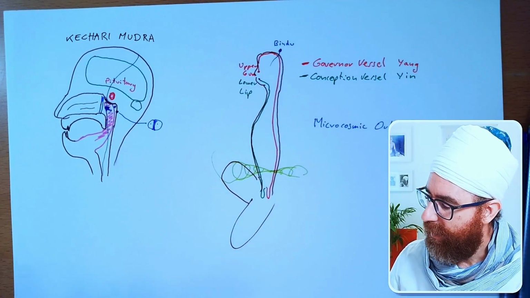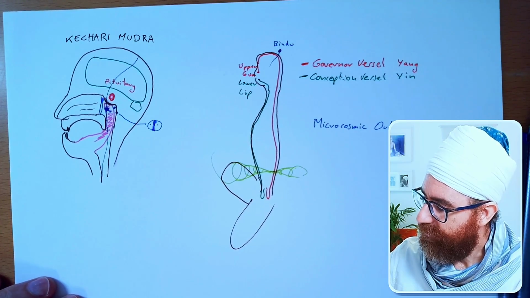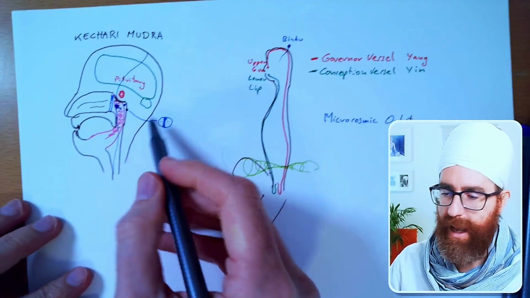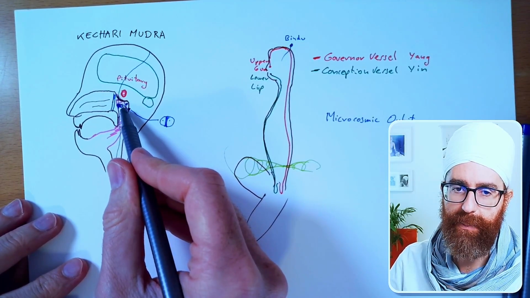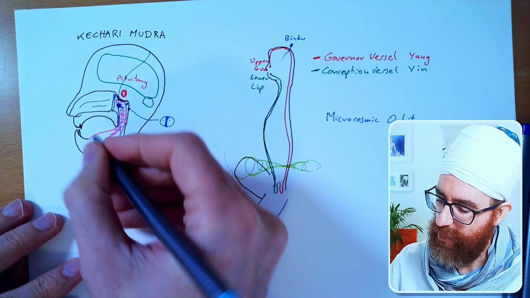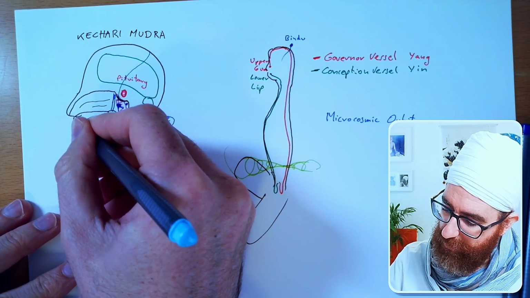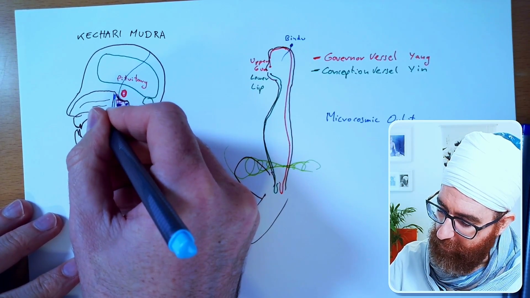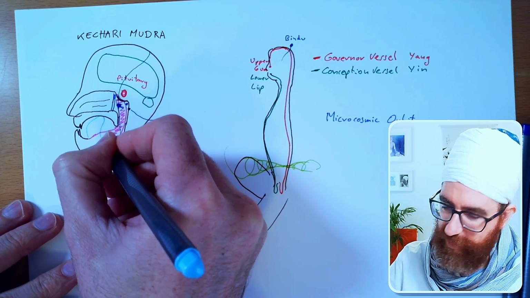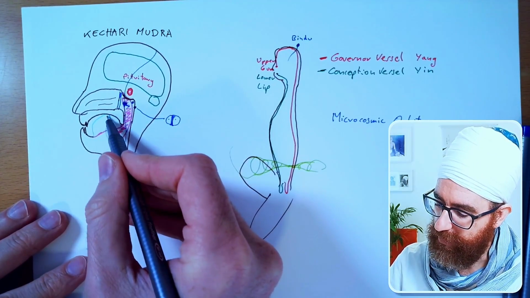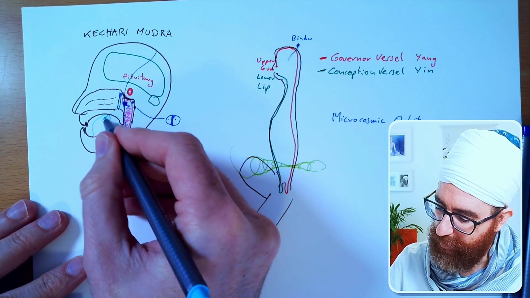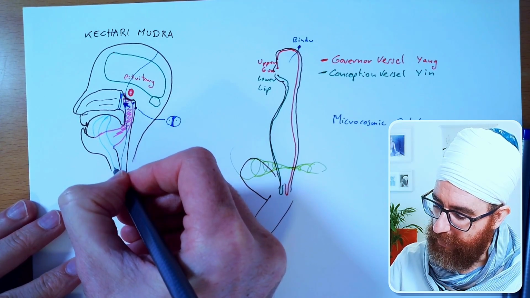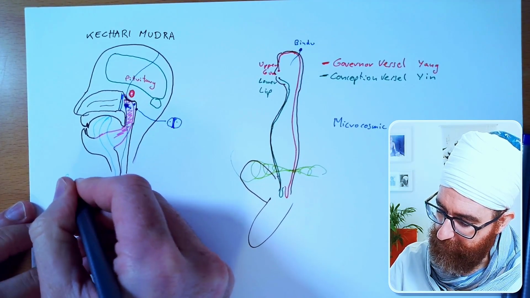Now, the tongue, we don't have to bring it all the way up through this passage. Just bringing the tongue up and placing it on the roof of the palate, on this point here, the upper point, this Saraswati Nadi, yeah?